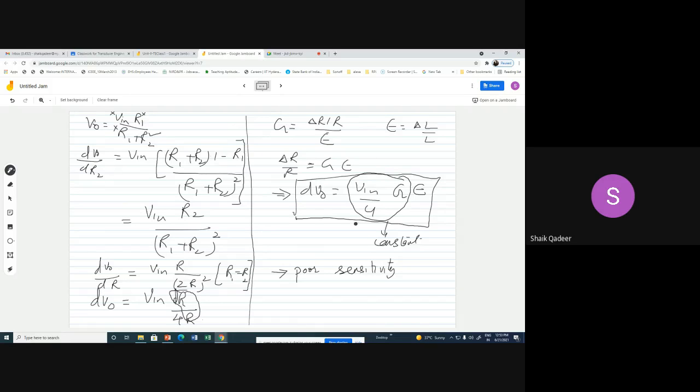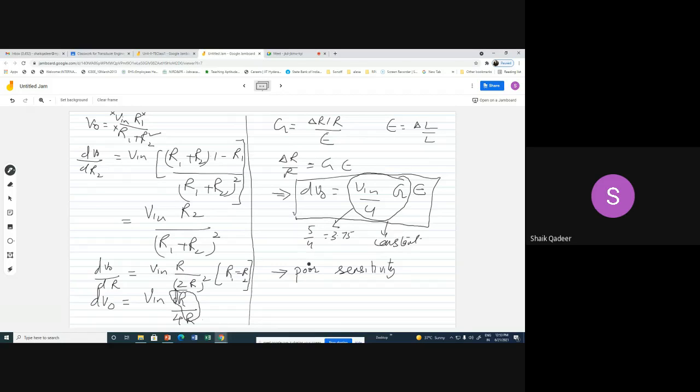Input voltage, how much do we apply to devices? 5 volts. So the input voltage becomes how much? 75% of 5, 5 by 4 is 1.25, so 3.75.